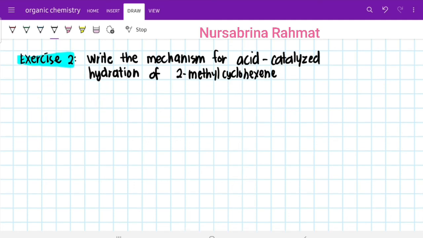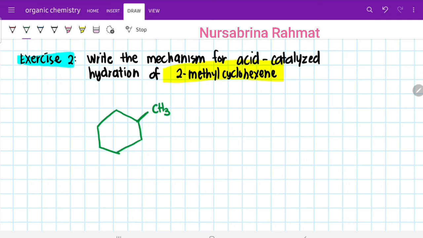I'm going to leave you with exercise 2 for acid-catalyzed hydration, where you need to write down the mechanism for the acid-catalyzed hydration of 2-methylcyclohexene. Let's draw the structural formula. Cyclohexene means it has six carbons making up the ring, and there is a methyl group on carbon number 2.